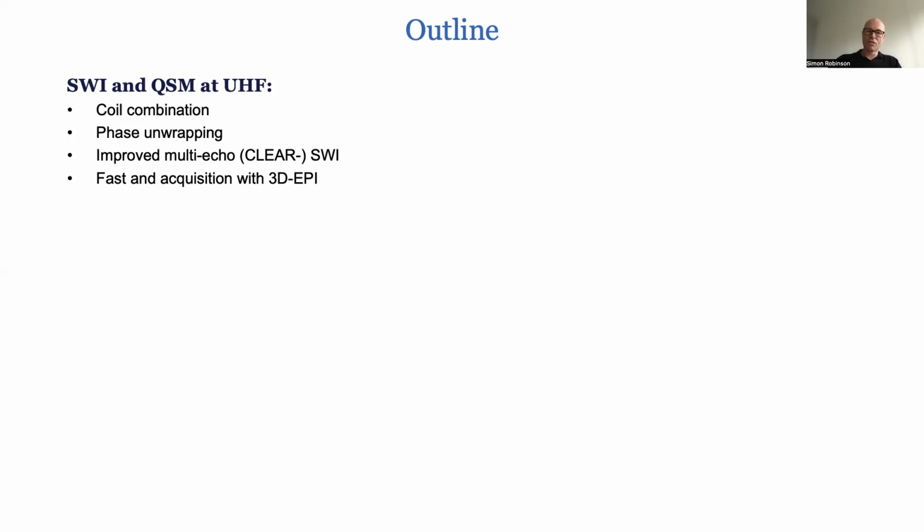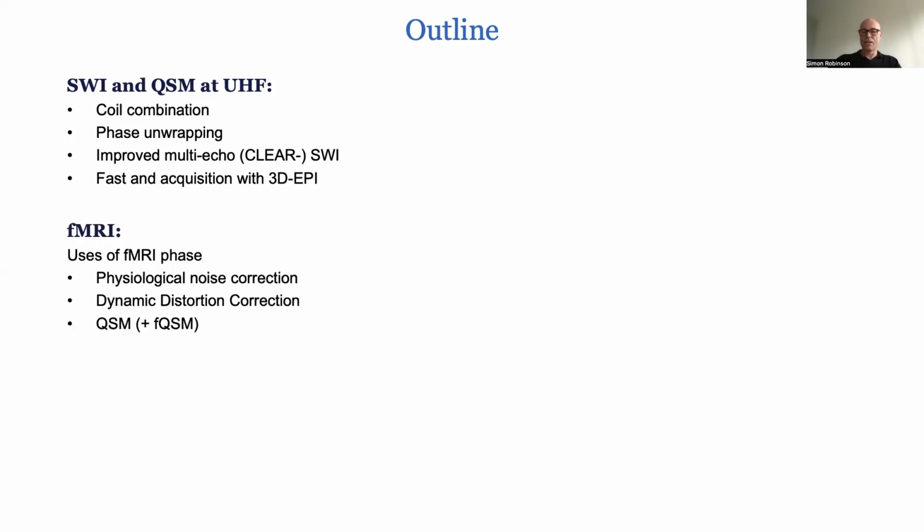And then try and look at how those methods can be applied to fMRI and to get more information out of the phase of fMRI for physiological noise correction, dynamic distortion correction, and then ultimately to derive QSM directly from the fMRI data, where others were also looking at functional QSM from fMRI. And then we'll look generally at how these fields may at some point fuse, and we'll be getting all the information from possibly one sequence.